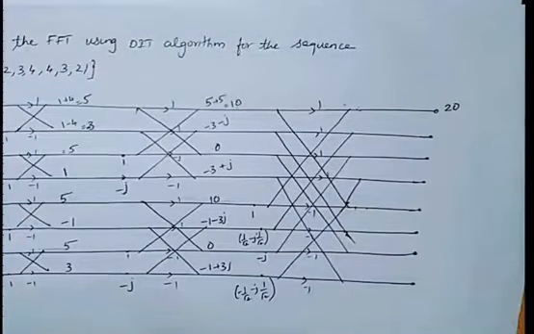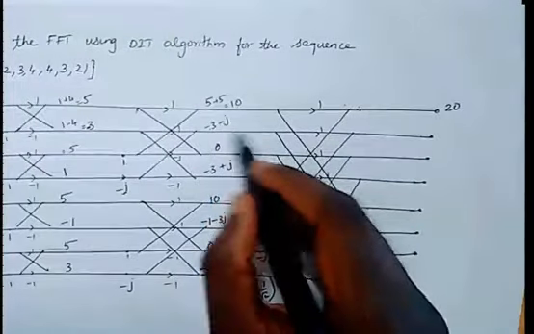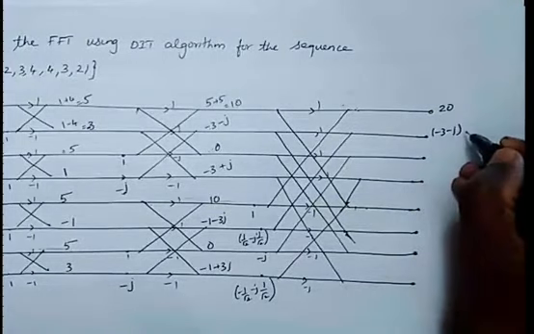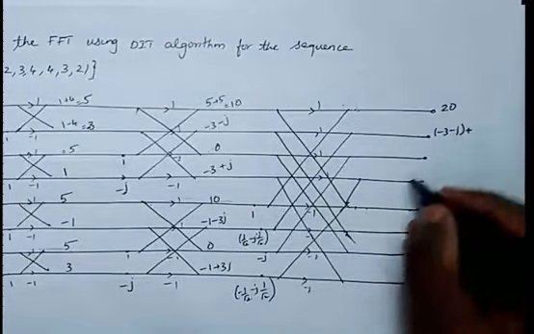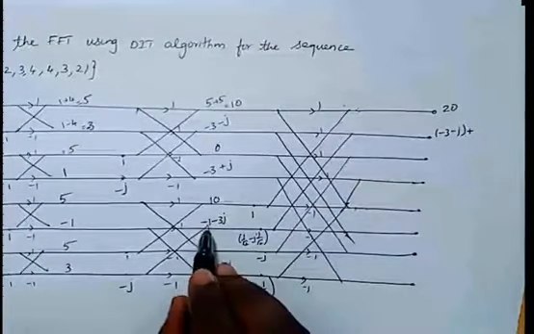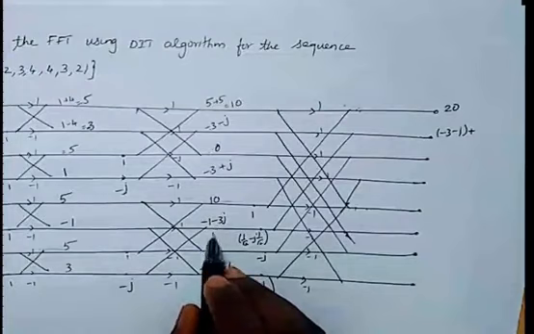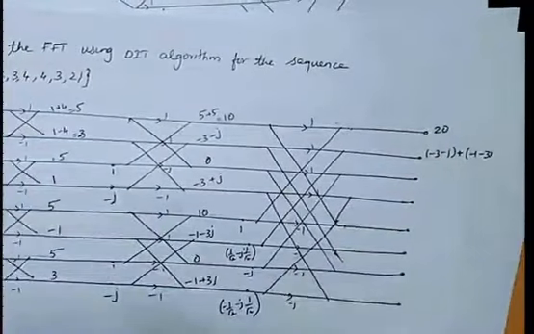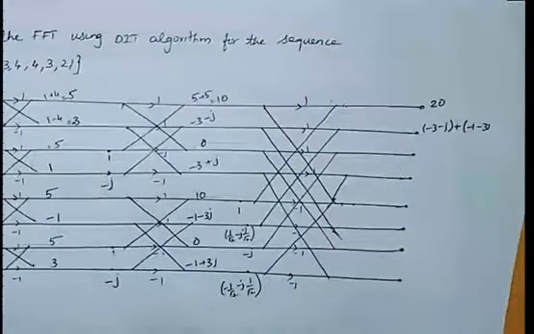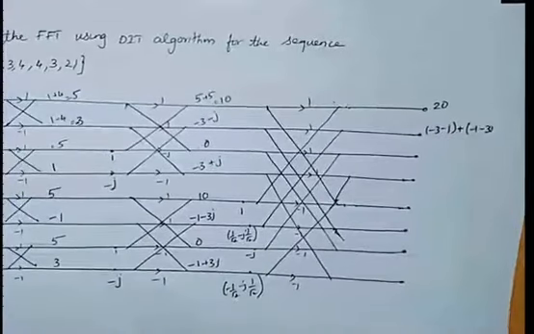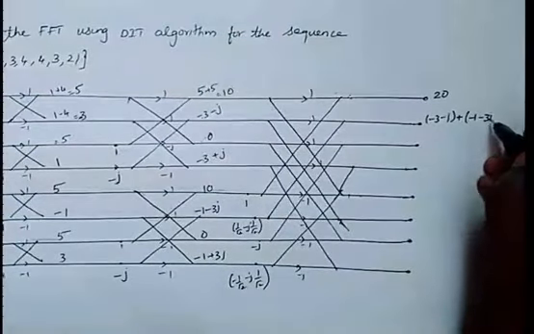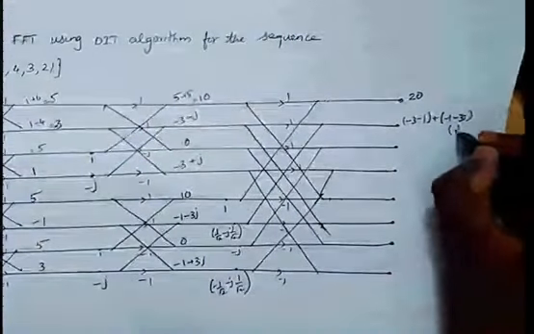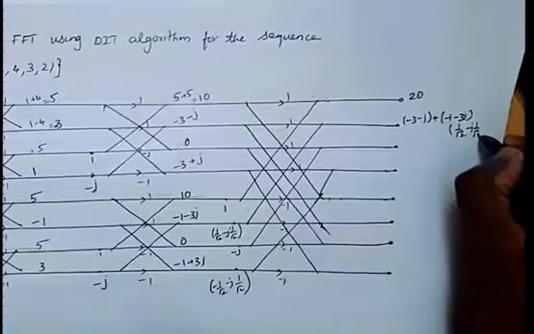Here it's going to be minus 3 minus j, into 1, so it is minus 3 minus j, plus, here we have minus 1 minus 3j into this weight, so plus minus 1 minus 3j into 1 by root 2 minus j into 1 by root 2.